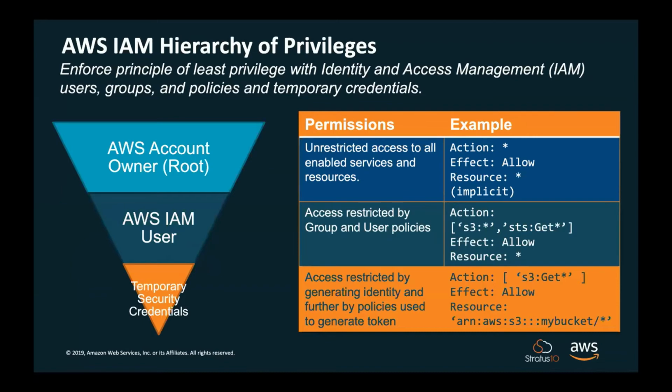Your IAM users might have a level of access that gives more permission, and then the temporary ones are typically set up for a specific resource. Like, this code can only interact with a specific AWS S3 bucket. As you can see, you want to make sure that you have least privilege access for your accounts and make it as granular as possible, and AWS gives you the tooling to do that.